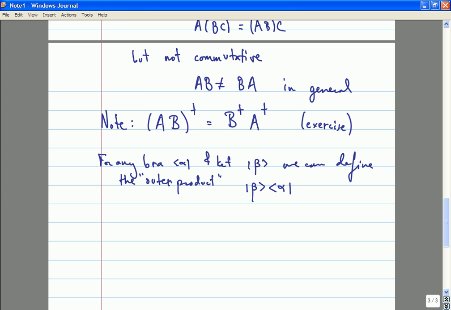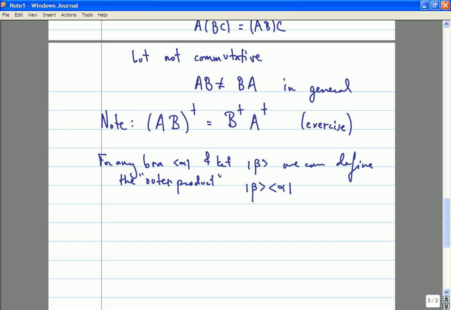So as you can see, this is an operator because it will act on bras from the right to give you another bra and kets from the left to give you another ket, simply by taking the inner product with either the ket on the left or the bra on the right, as is hopefully clear from this notation.